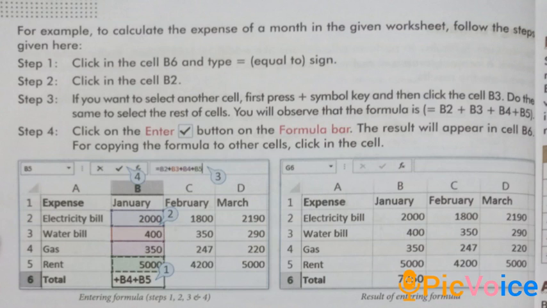Then step 4 is to click on the enter button in the formula bar. Then the final result, the total expense, will be displayed in the cell.